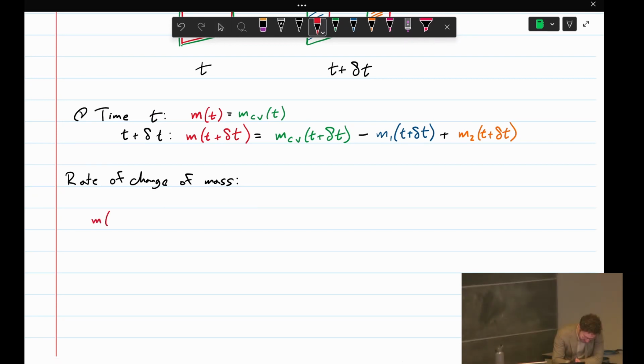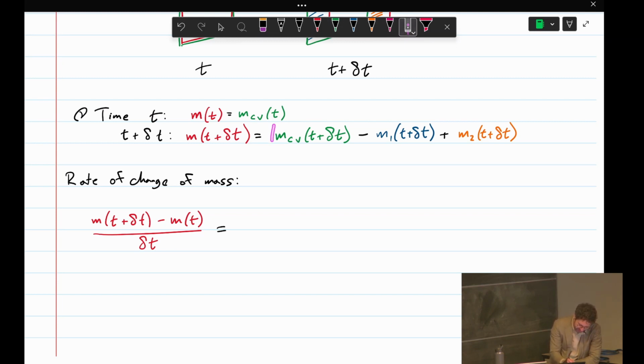So that's m of t plus delta t minus m of t over the time step delta t. Okay. So the change in mass is going to be the mass at time t plus delta t.